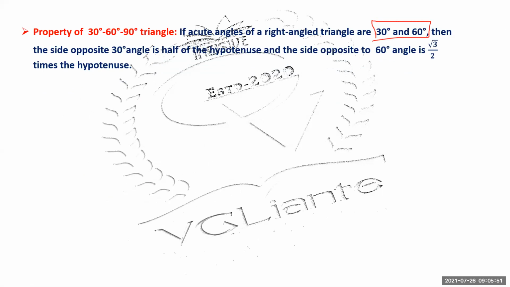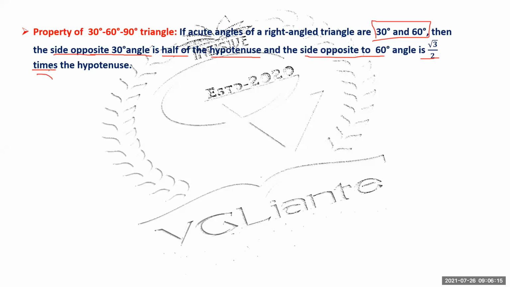Then the side opposite to the 30-degree angle, this is very important, is what? Half the hypotenuse. And the side opposite to the 60-degree angle is what? Root 3 upon 2 times the hypotenuse.